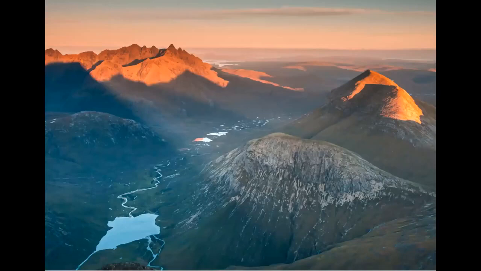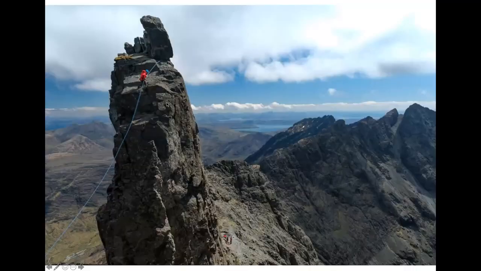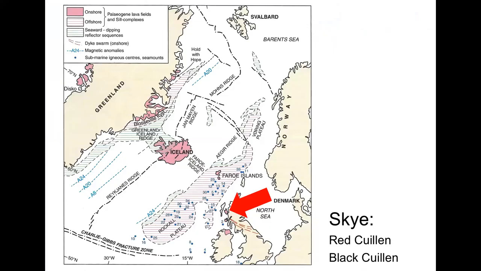This is up in the Hebrides, the Isle of Skye, and we're looking there at the Black Cuillin Ridge and the Red Cuillin here in the foreground. And for climbers, here's the Inaccessible Pinnacle, the Inn Pin, which is a feature of that Black Cuillin Ridge. So this was a magma chamber, basically, that is part of the North Atlantic igneous province in Skye.